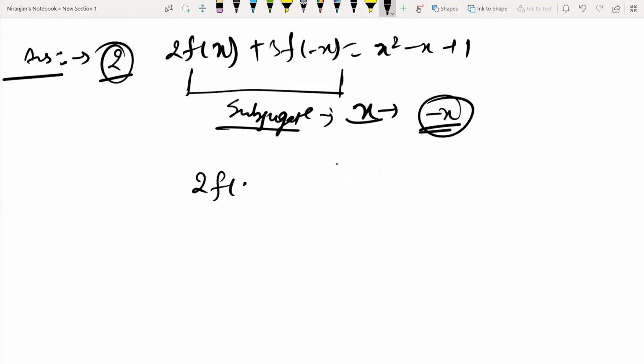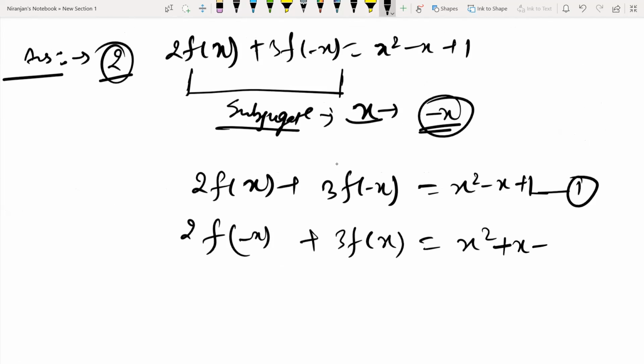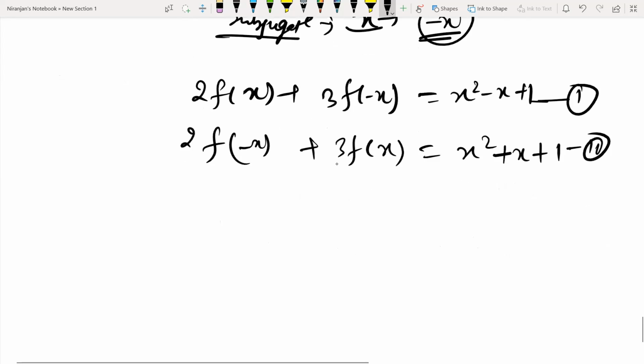So first write 2 of f of x plus 3 of f of minus x equal to x squared minus x plus 1. This is going to be your equation 1. When you replace x with minus x, you get 2 of f of minus x plus 3 of f of minus of minus x, which is going to be x. Now if you take minus of x squared, that is x squared, minus of minus x is plus x, plus 1. This is equation 2.